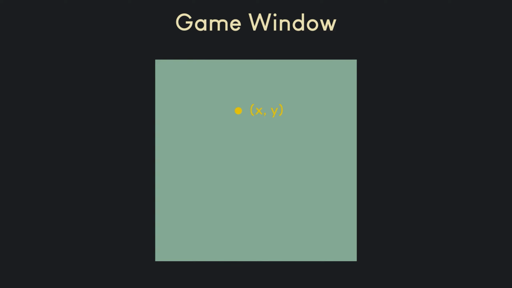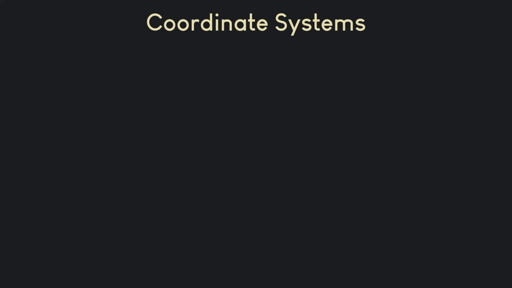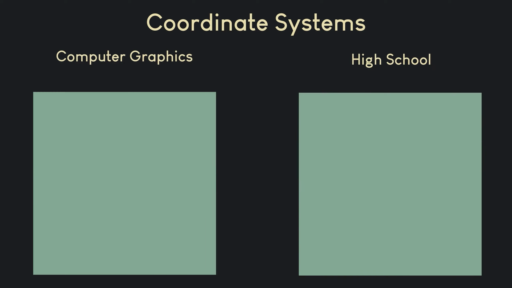The coordinate system used in computer graphics differs from the standard Cartesian coordinate system taught in high school. In computer graphics, the origin of the display is located at the top left corner, with 0, 0 being at the top left. In contrast, the standard Cartesian coordinate system starts from the bottom left corner, with 0, 0 being the origin.